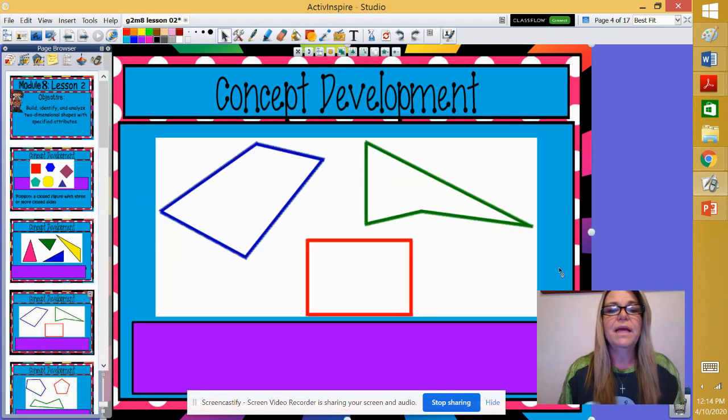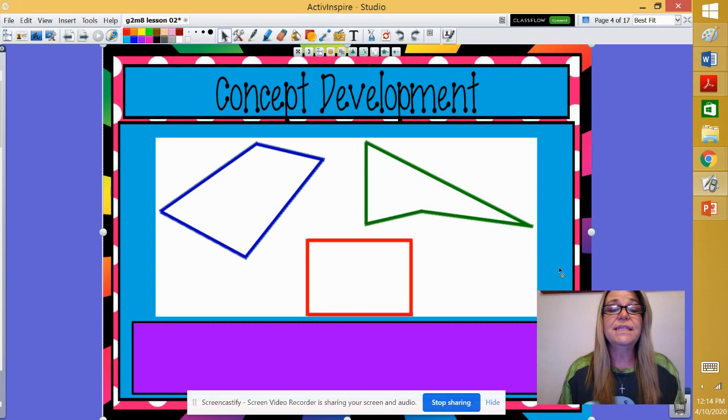Okay. Now, these shapes have 1, 2, 3, 4 sides, and 1, 2, 3, 4 angles.